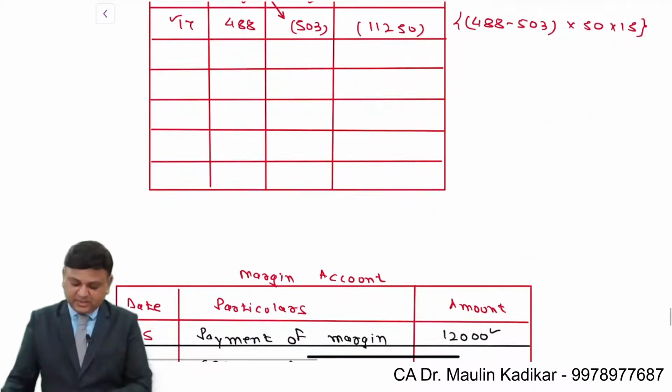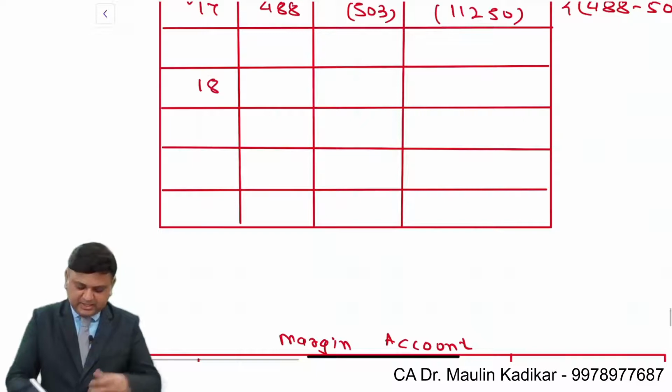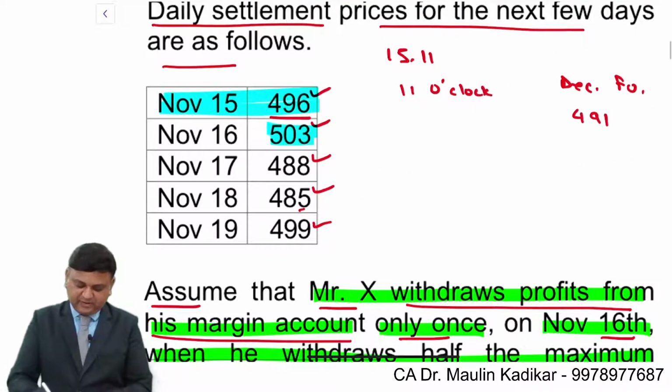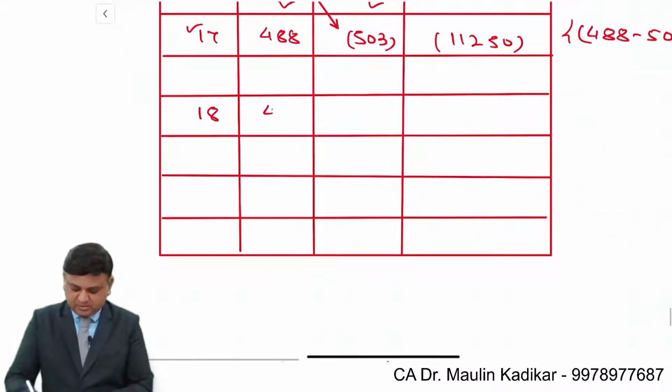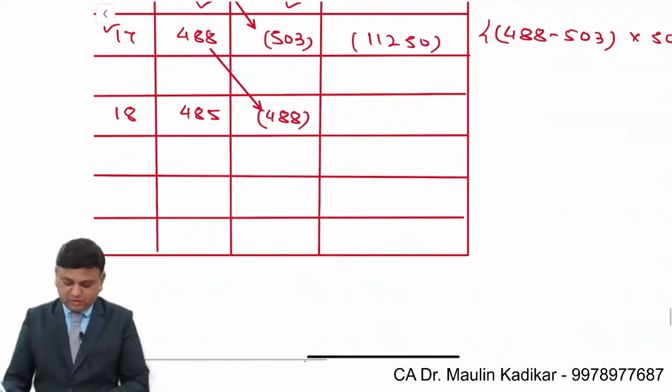So now we'll incorporate the prices of 18th and 19th. On 18th, we can see that the price is 485. So that becomes the sale price, and this becomes the purchase price. So again, unfortunately, there is a loss of 3 rupees.